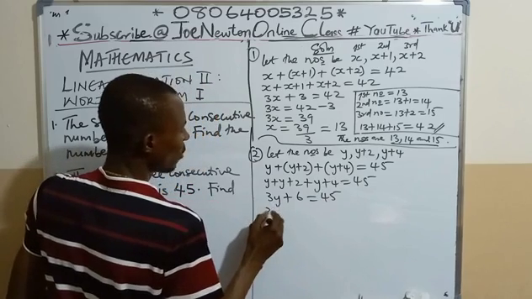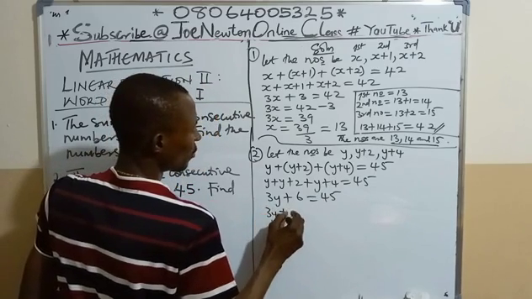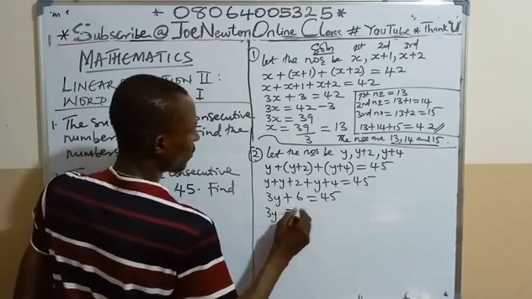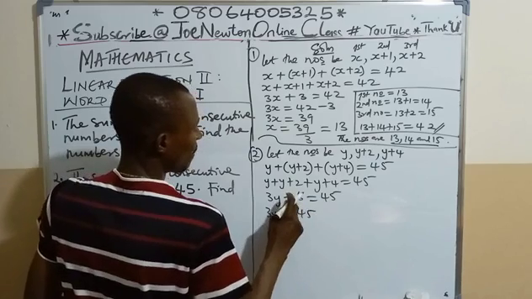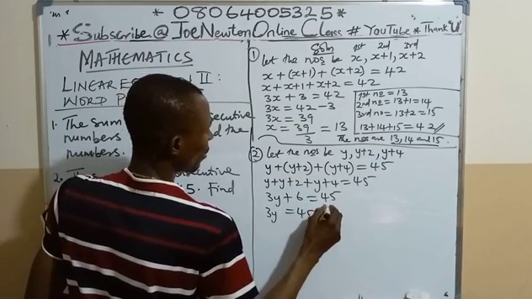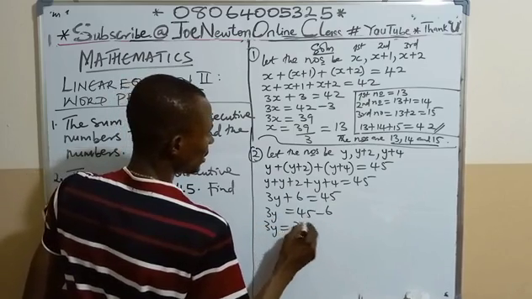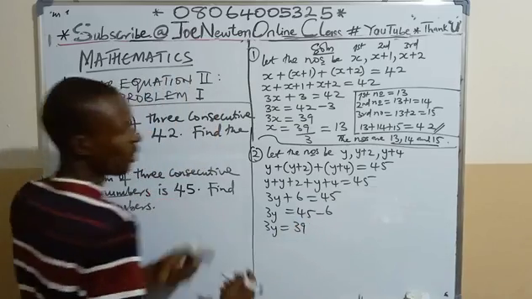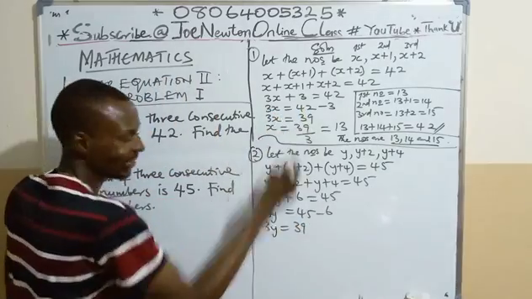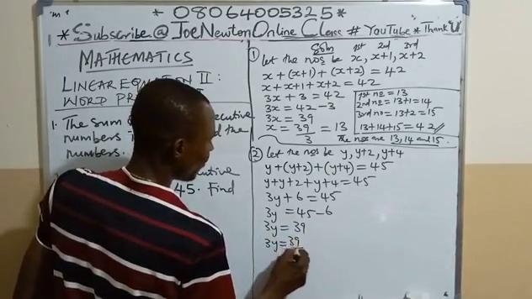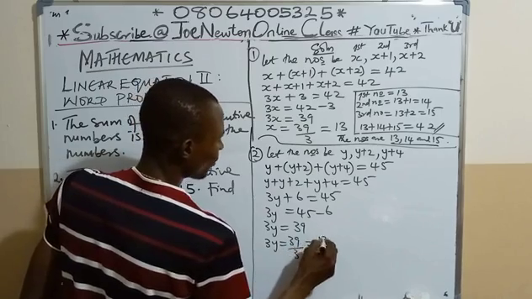So you can see that 3y plus 6 equals 45, 3y equals 45 minus 6. So I have that 3y equals 39. Okay, coincidentally, it must not be 39. Okay, y equals 39 over 3, which gives us also 13.